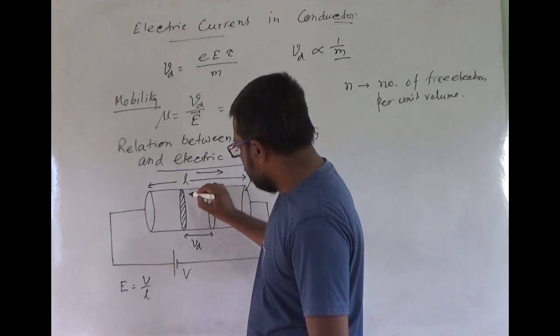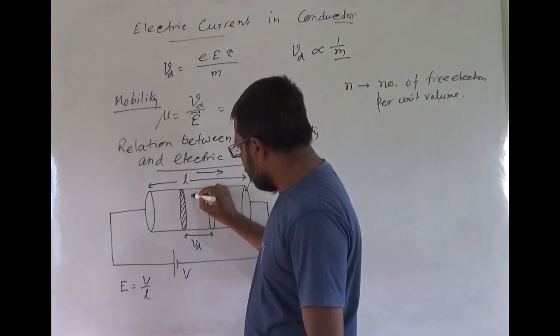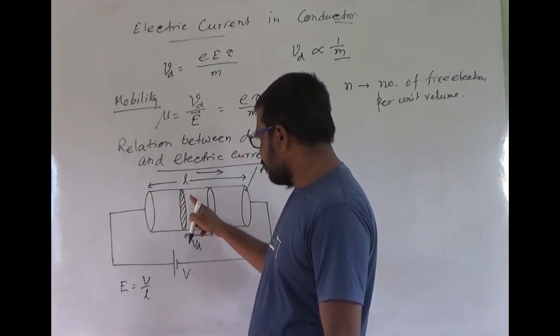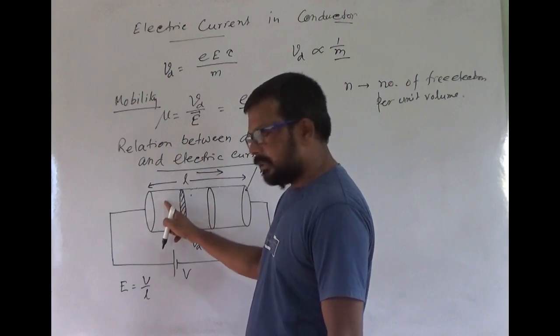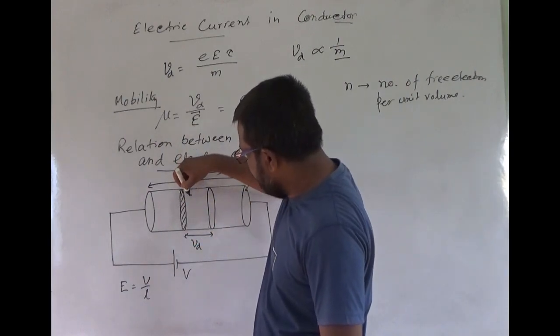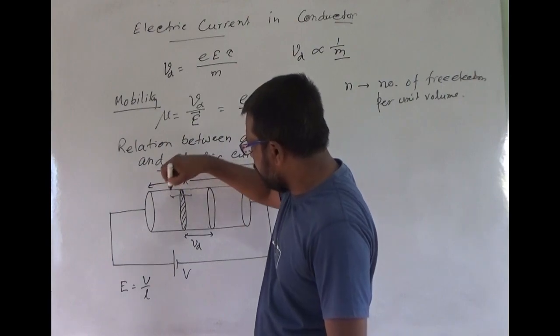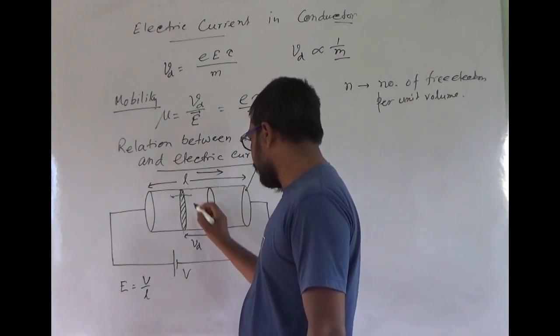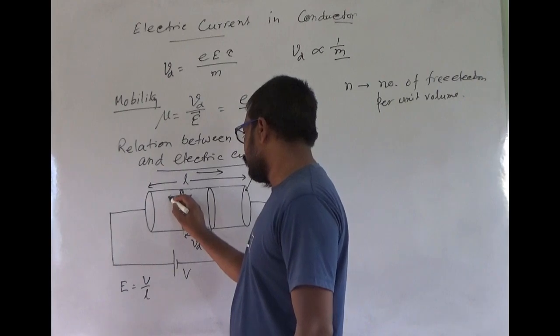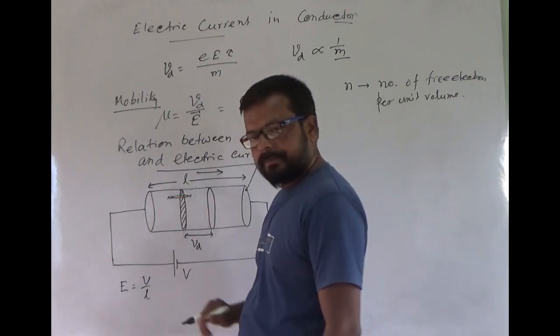Similarly, the free electron at this point will also cross, because the electron will travel Vd distance in 1 second. That means if this is Vd, then this electron will come to this point in 1 second.